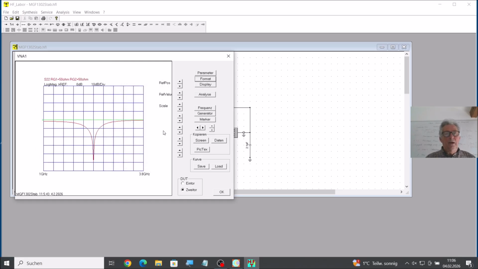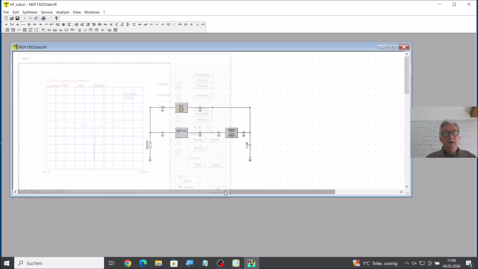And you see that we will have here a wonderful matching of our output reflection coefficient of over minus 50 dB, which is quite high.